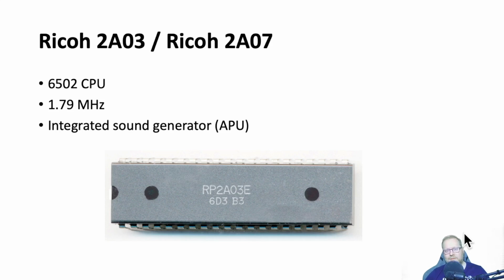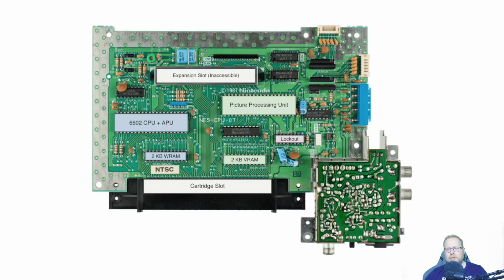And we're not going to be talking about it, but the NES also has a graphic chip called the PPU. So this is what the NES looks like on the inside. And here we have the 6502 CPU plus APU. Now APU, that's the sound generator. And here we have the PPU, the picture processing unit. That's basically the graphics chip.